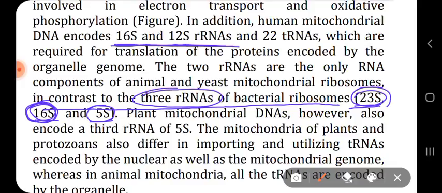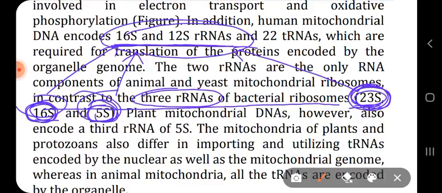The 23S rRNA is involved in the peptidyl transfer reaction, where the peptide bond forms between the two amino acids carried by the tRNAs in the A site and the P site. So these are all RNAs found within bacterial ribosomes. They are quite comparable with the 16S and 12S rRNA found within the mitochondrial genome, which means they perform the same function.